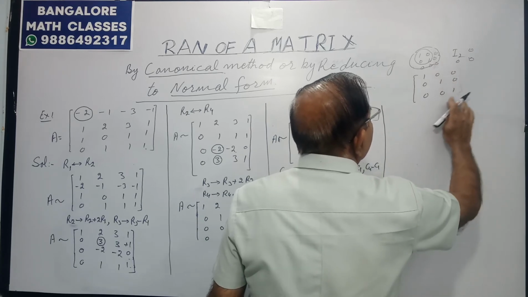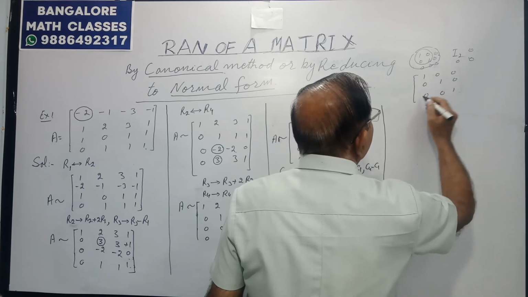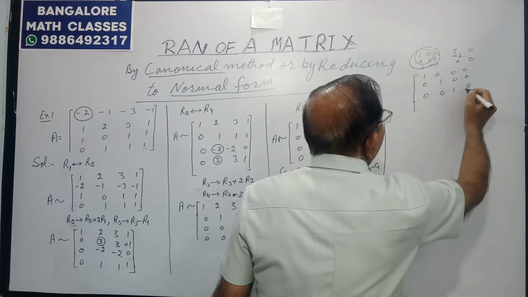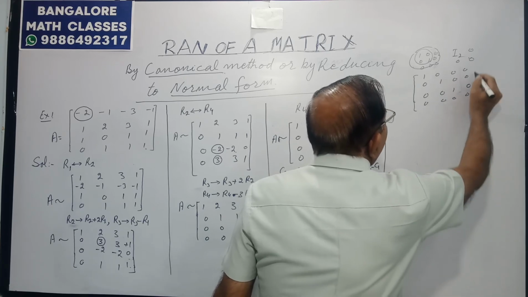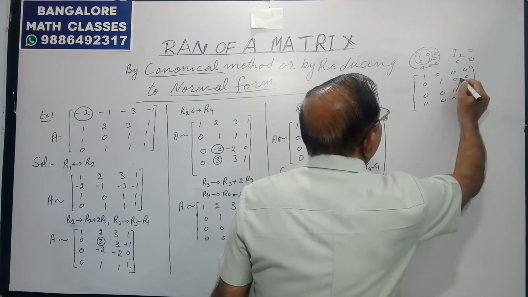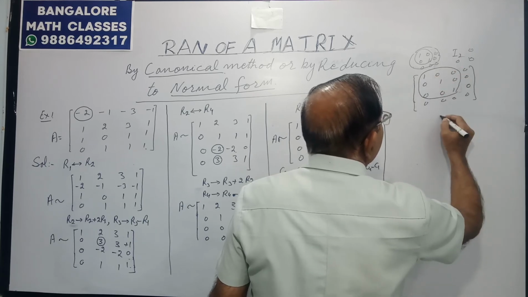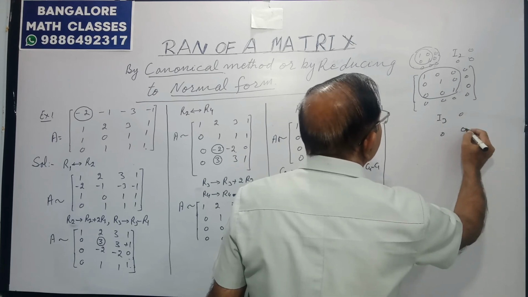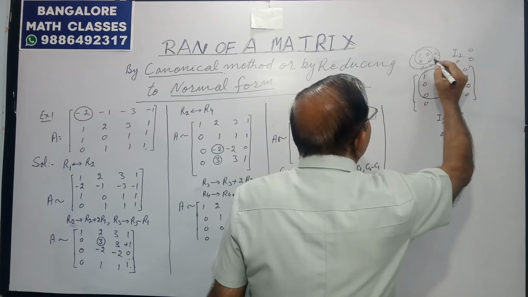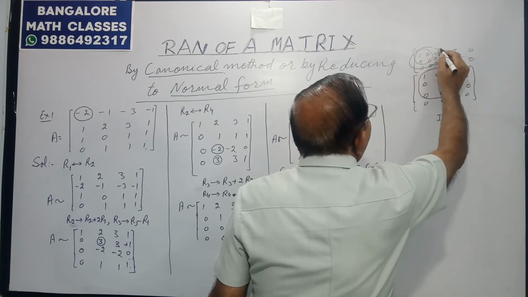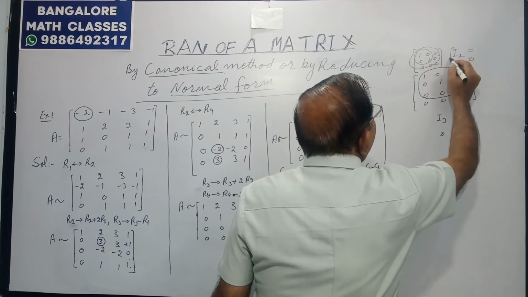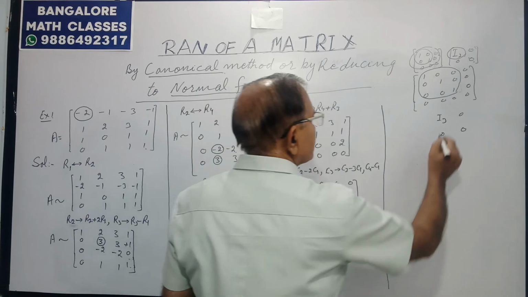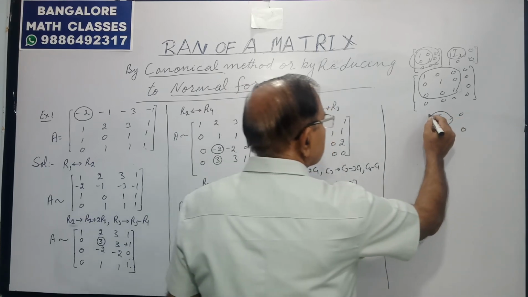If some matrix is like that, I can put it as I3, the identity matrix of 3, then 0, 0 is extended. Similarly here, its rank is 2. Here the rank will come to be 3.